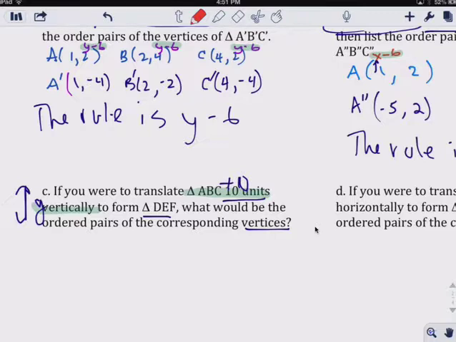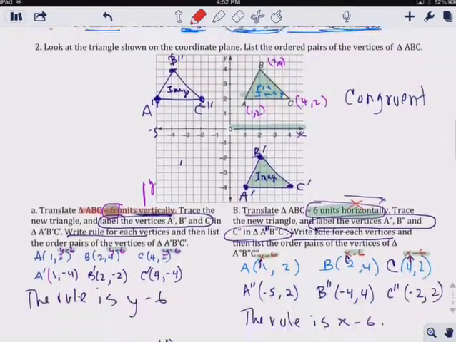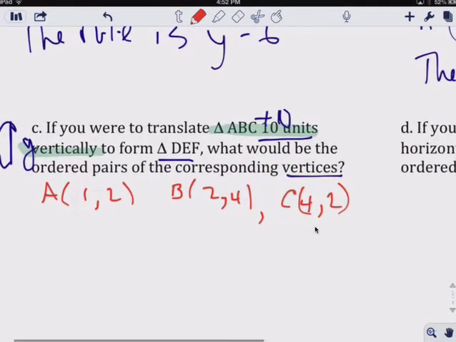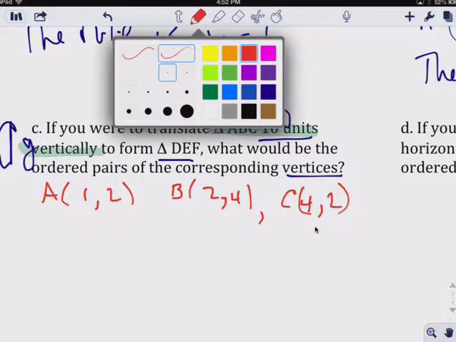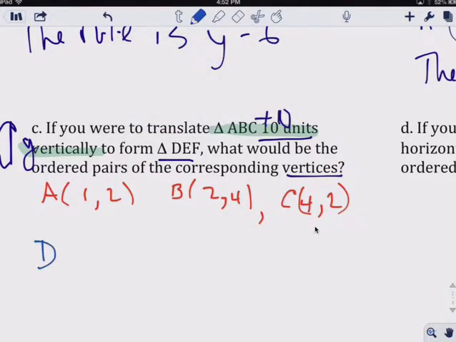Let's start with the regular. A is 1, 2. B was 2, 4. C was 4, 2. That's our original preimage ordered pair. Now triangle D. It's a 10 unit vertical shift, so that means 10 units up on the y.